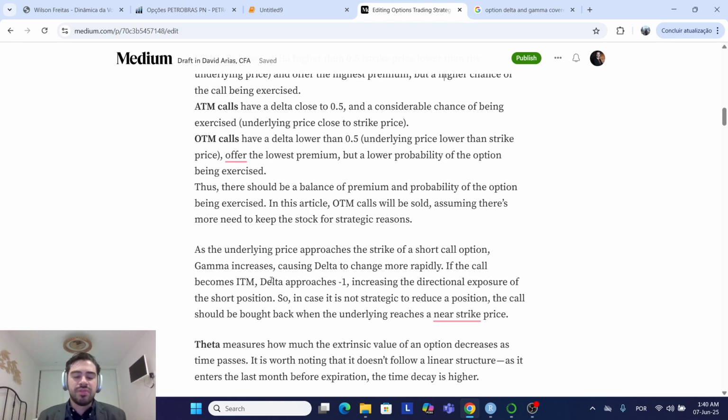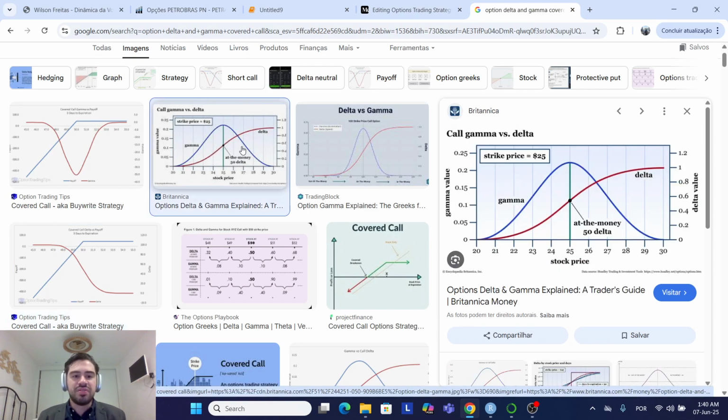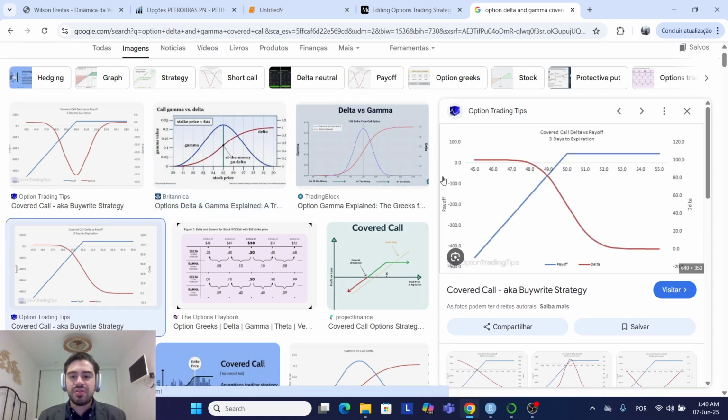We have the delta, and also we have gamma. I need to show in a plot. It's easier to explain. So that's a traditional call gamma versus delta. So when the stock price moves up, delta gets higher. However, we are selling those calls, so it's the opposite direction.